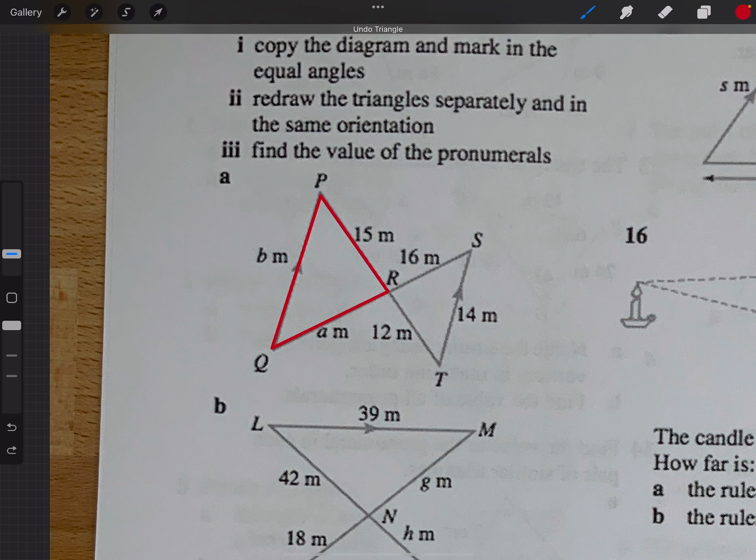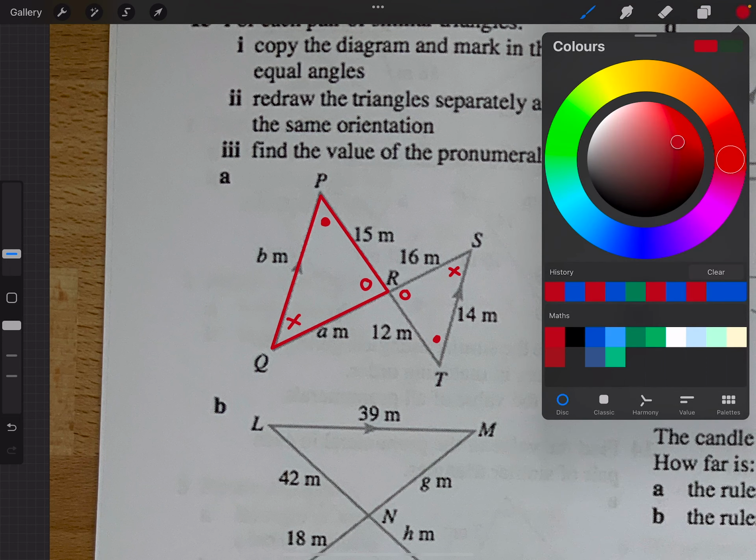We know that these two triangles are similar because these two angles are the same because they are alternate angles, and these two angles, this one and this one, are the same because alternate angles. Okay, so I'll draw another triangle for you.